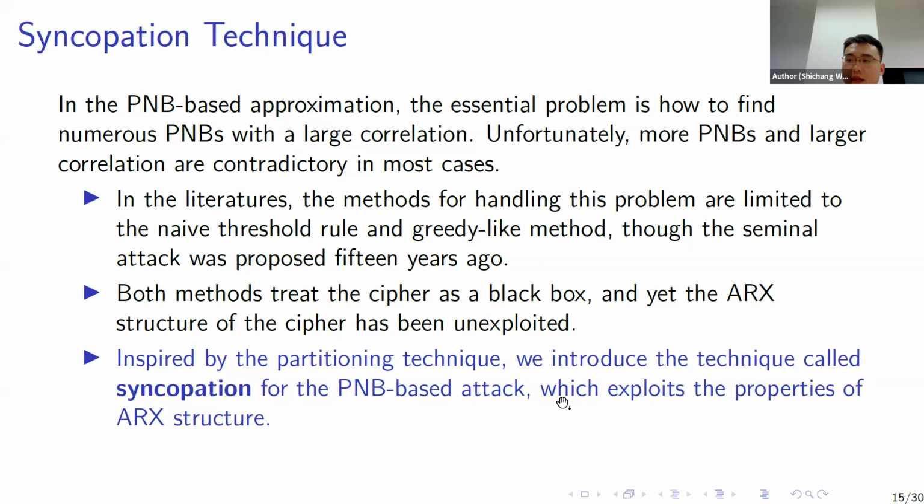Both methods treat the cipher as a black box and don't exploit the ARX structure of the cipher. Inspired by the partition technique, we introduced the technique called syncopation to exploit the properties of ARX structure in the PNB-based attacks.